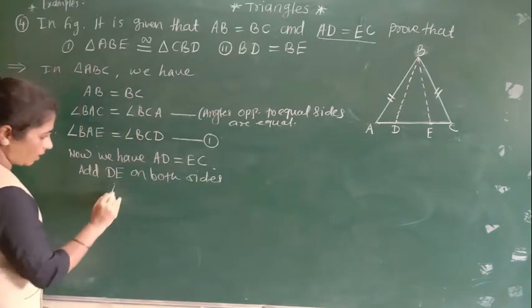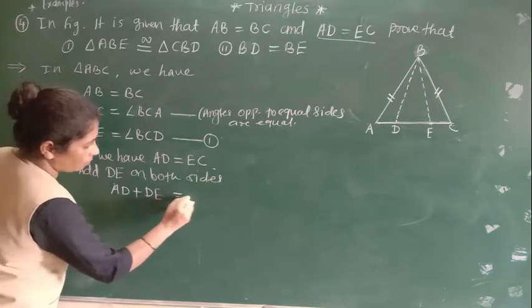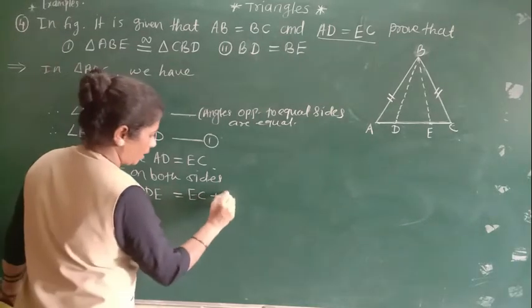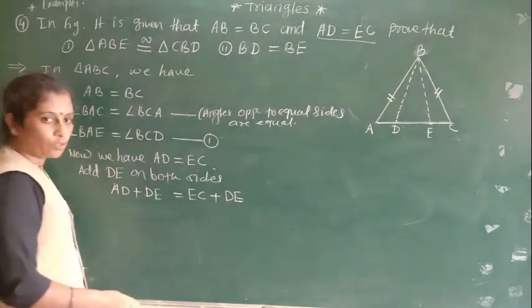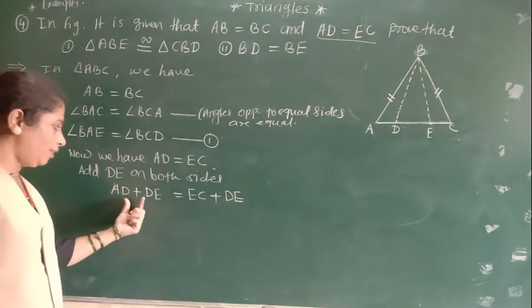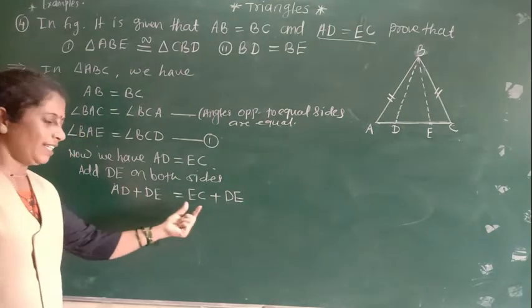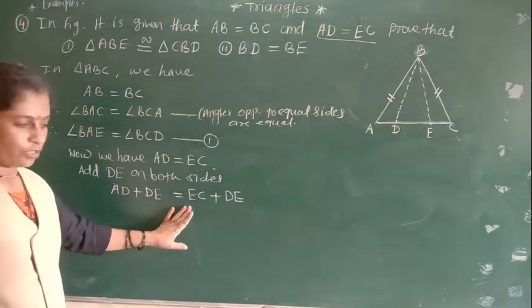So AD plus DE equals EC plus DE. DE is the common part added to both sides, and AD and EC are equal.